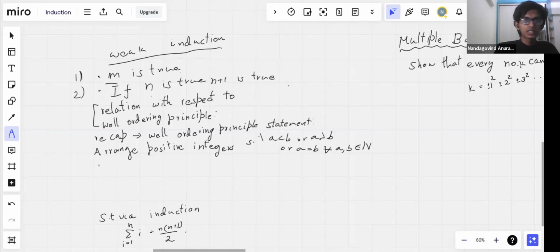Another way that would be more useful in this case is the least element definition, which is that for all subsets S of natural numbers, just note S not equal to the empty subset, we have a least element in S.